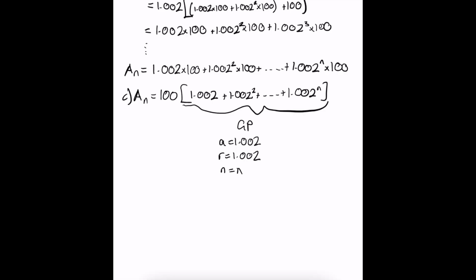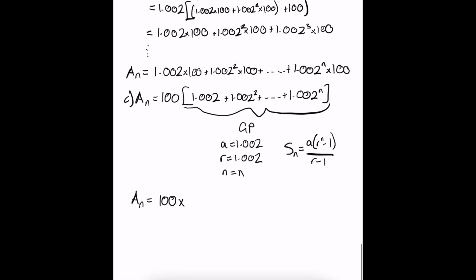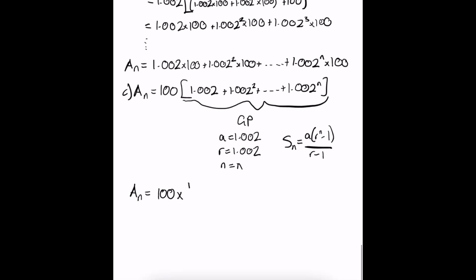When we want to simplify this expression, recalling that the sum of n terms of a GP is A outside of R to the n minus 1 over R minus 1, we can say that this is 100 times the sum of this GP, which, following the formula, is 1.002 outside of 1.002 to the n minus 1 over 1.002 minus 1.